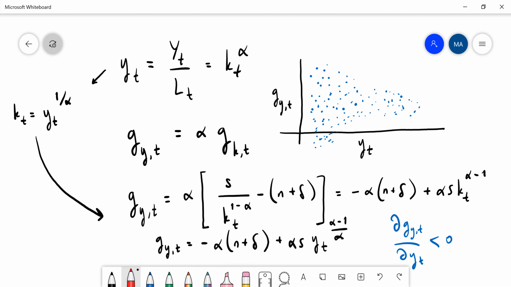The model tells you that. You see? So this part cannot be explained by this model.